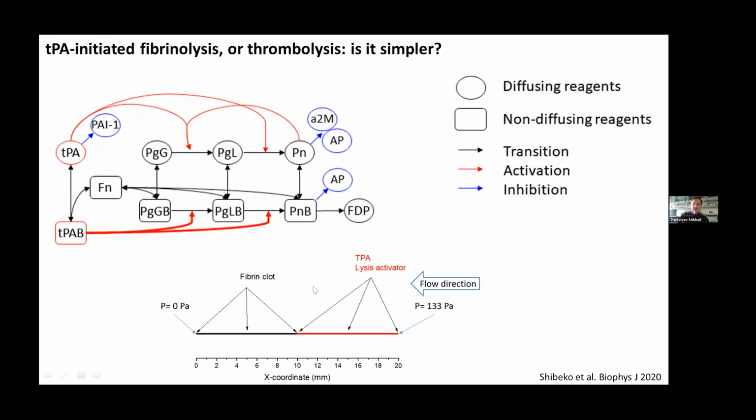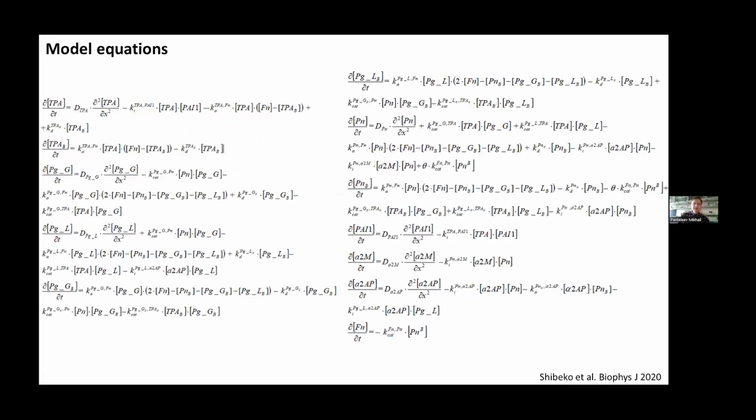We considered a one-dimensional case with a fibrin clot in the presence of TPA. It is also a spatial process. So the model, a relatively simple computational model that we designed for this system, is a set of partial differential equations.